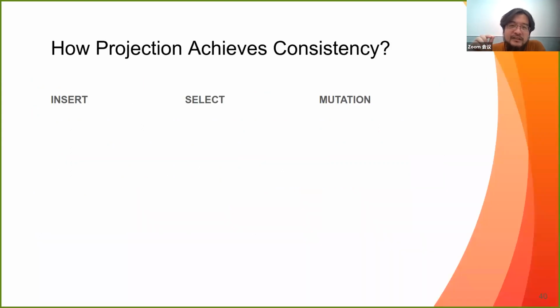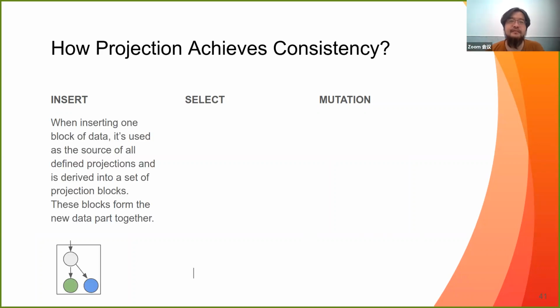Next, I'd like to tell a bit more about consistency. Projection achieves full consistency in 3 aspects, which are insert, select, and mutation. When inserting one block of data, it will form all projection blocks, which in turn build a new data part with projections.